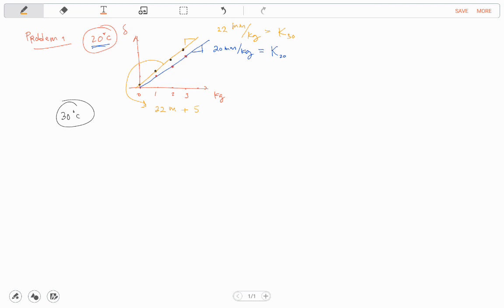Well, for the 20 centigrade case, the linear equation is simply 22 times the load.